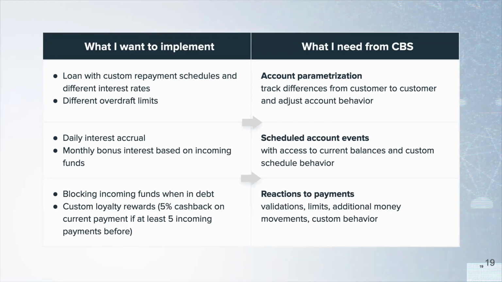For example, if I am about to implement a loan that allows customers to have custom repayment schedules and different interest rates and behavior related to the custom schedules, or a product which allows customers to take overdraft with different limits and repayment plans for each customer, I know that I need my core banking system to allow a high level of account parameterization. So I am able to track differences from customer to customer in the settings of the accounts, and also adjust the account behavior with custom logic based on these values or differences.